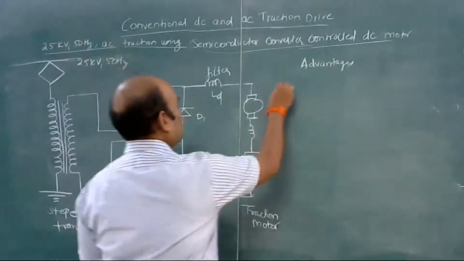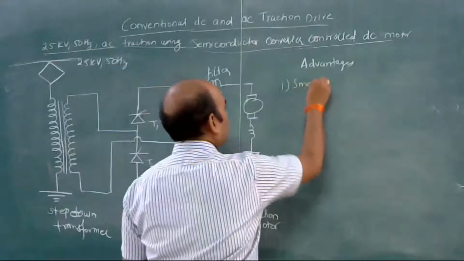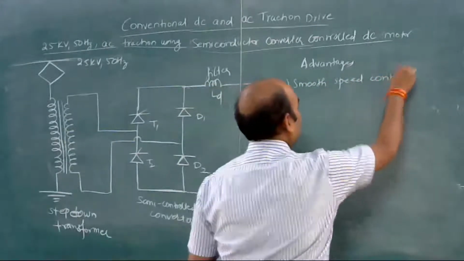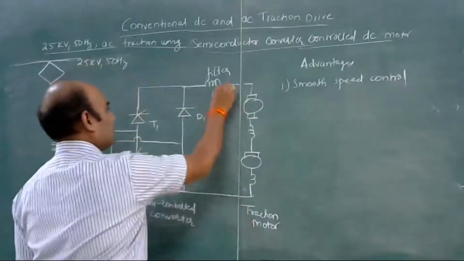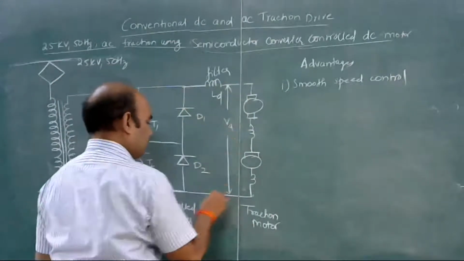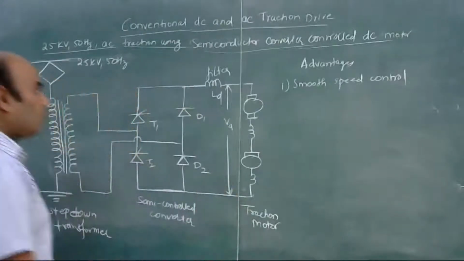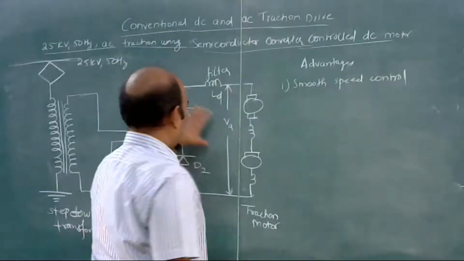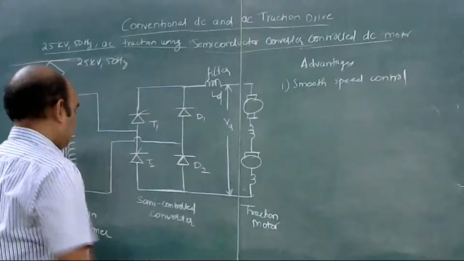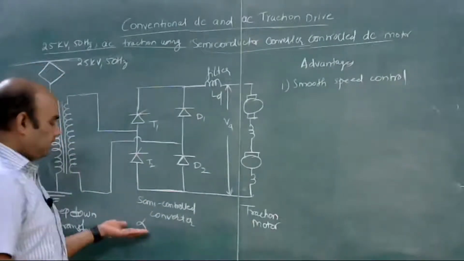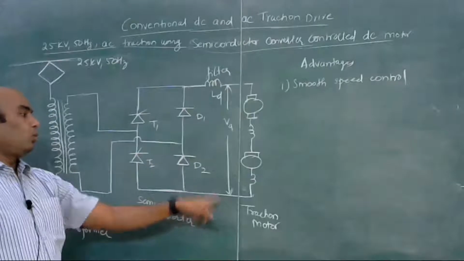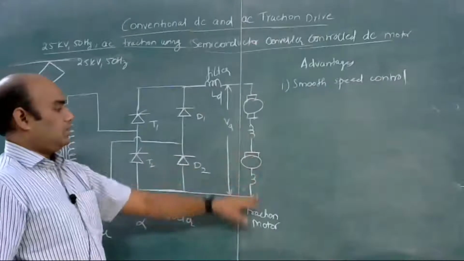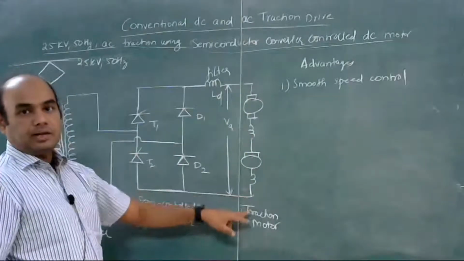First, smooth speed control. Okay, let's suppose this is alpha. So the output of this rectifier depends on the triggering angle alpha. Okay. So by controlling this alpha, we can control the output voltage of this rectifier, and it is the input to this combination of the traction circuit.